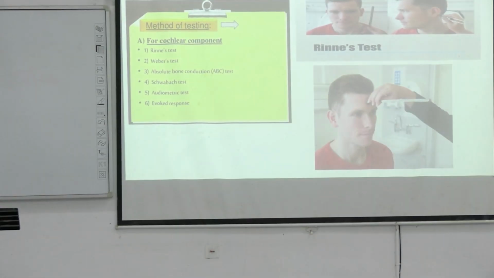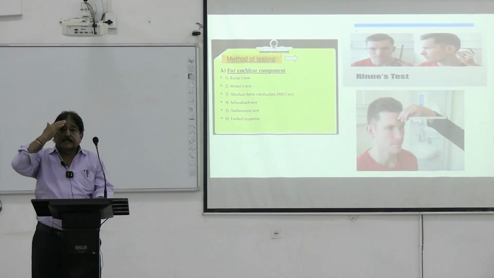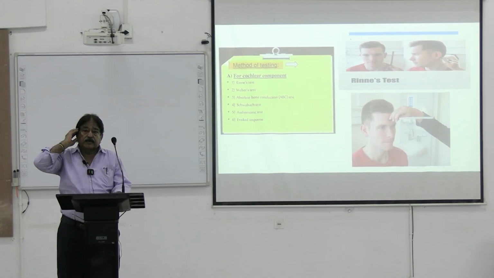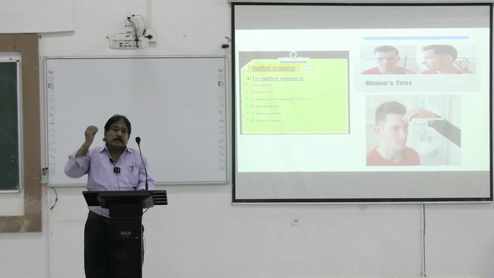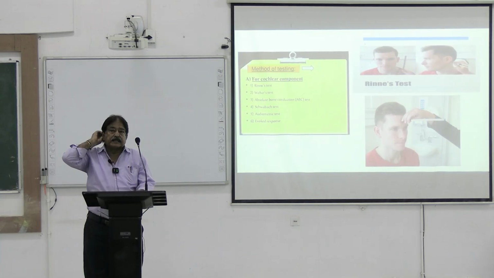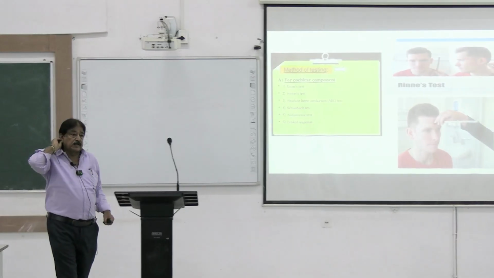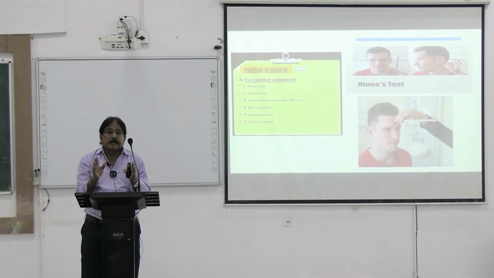You put it here in the forehead, which is bone conduction. It goes into the mastoid process and to the ear you can hear. Now if you see the right, again you put it in the mastoid, this portion, you put it in the forehead, it can be put in the mastoid process, conduction deafness.